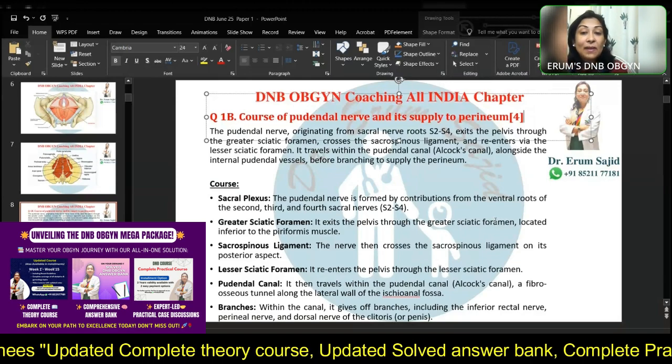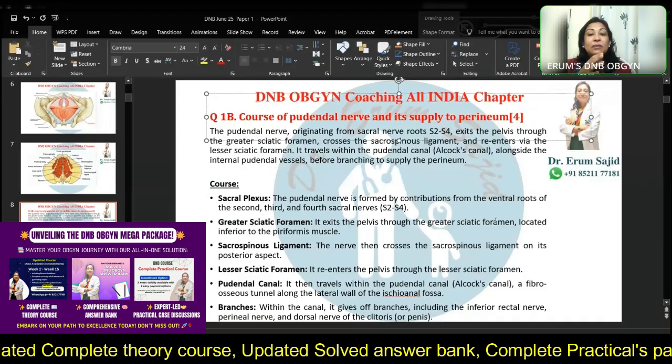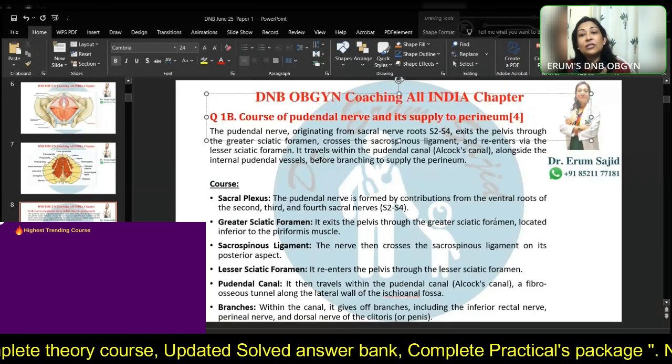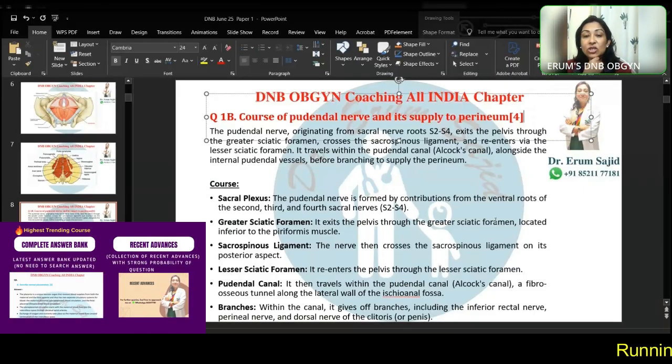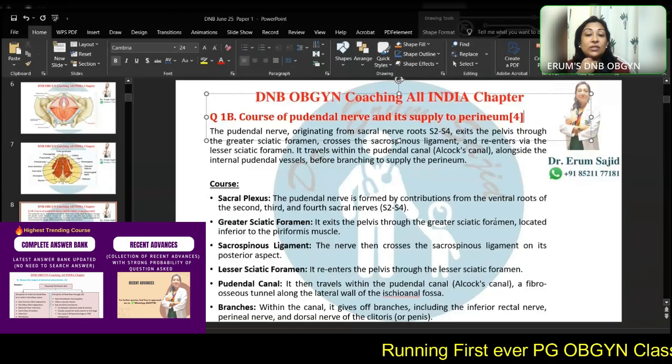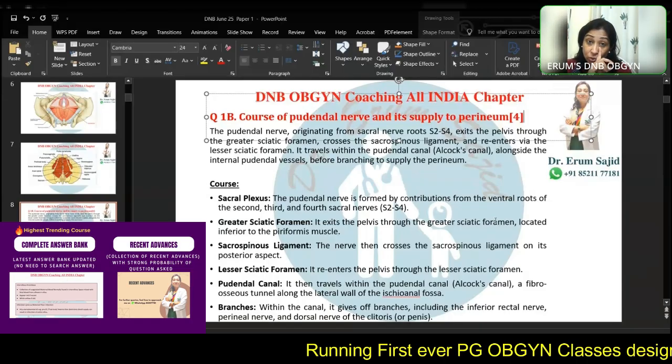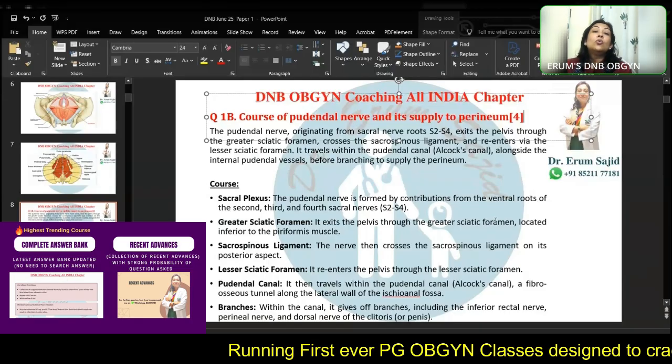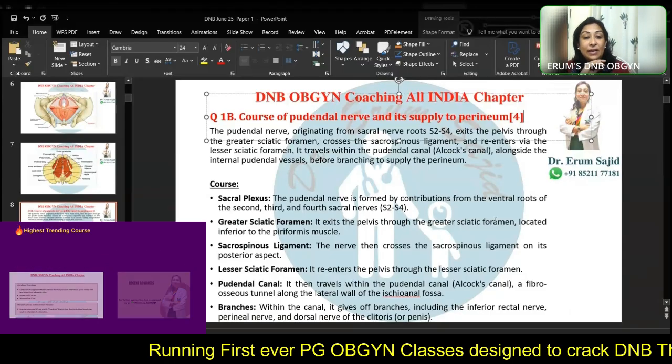Then it re-enters the pelvis through the lesser sciatic foramen. So it goes through the greater sciatic foramen and enters again through the lesser sciatic foramen. It then traverses within the pudendal canal, again a very important fibro-osseous tunnel along the lateral wall of the ischioanal fossa. So you can give the pudendal block here to desensitize that area.